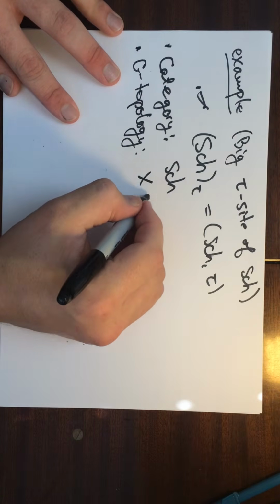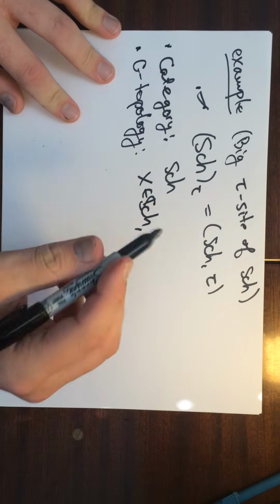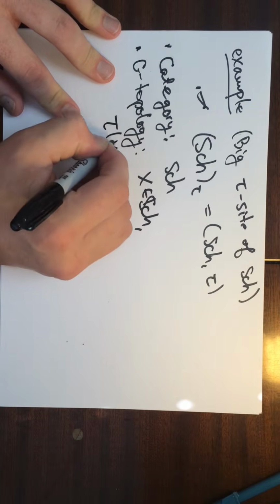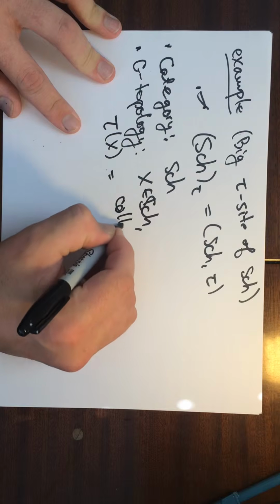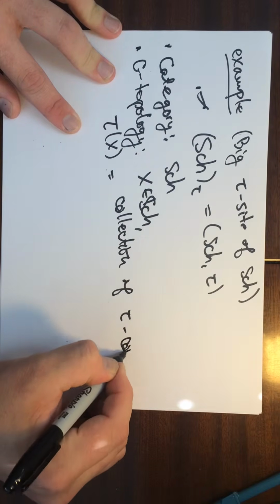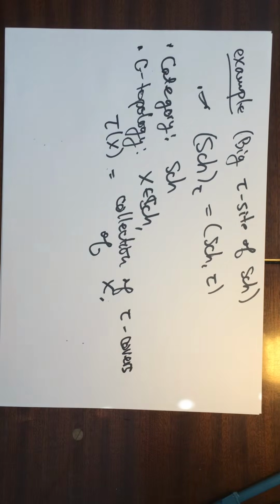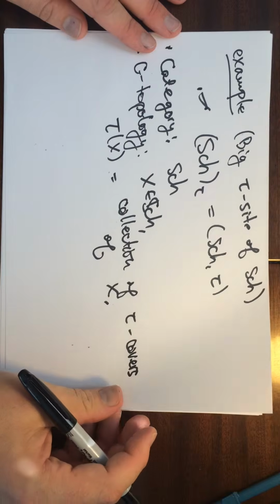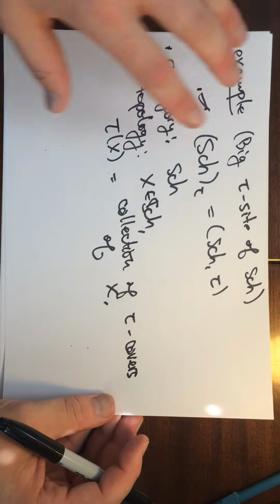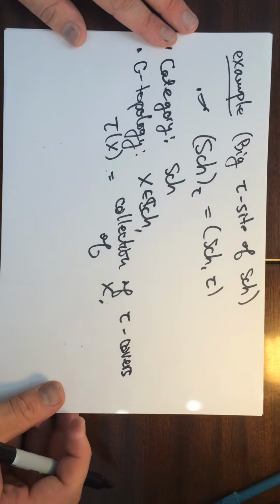But if we fix a scheme X, then tau of X will be the collection of tau covers of X. Okay, so I kind of said this. It's pretty self-explanatory. And I want to tell you how to get the relativized sites in general. So to do that, I need a definition.